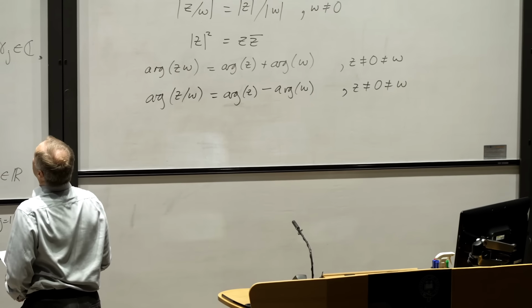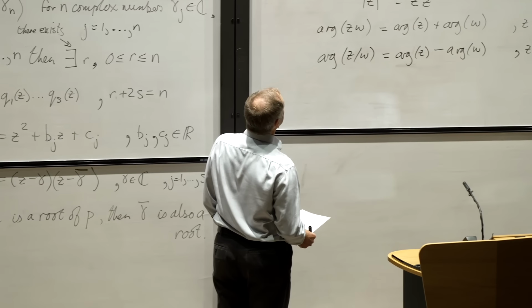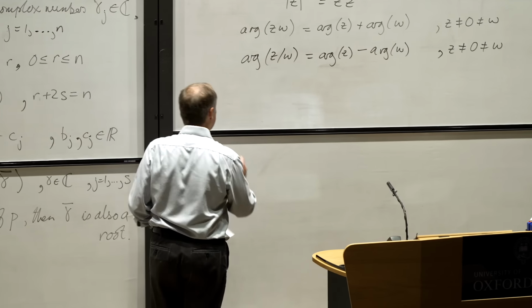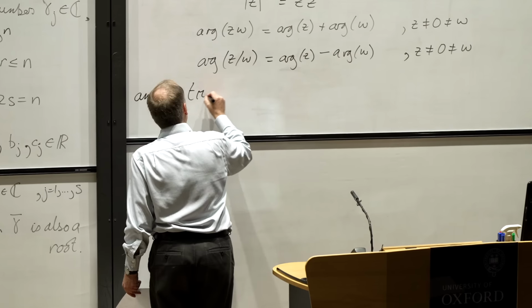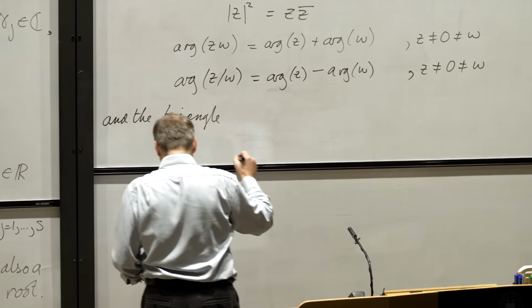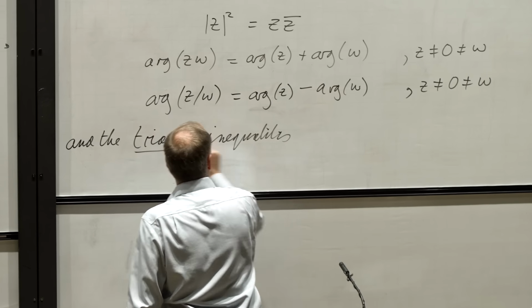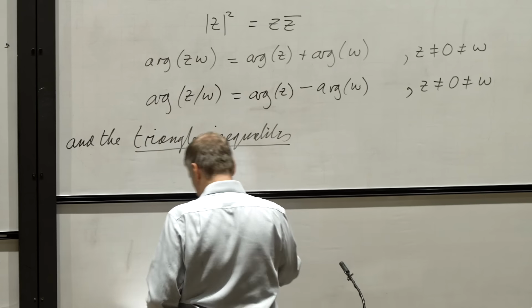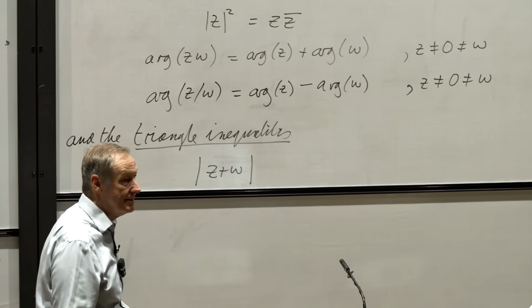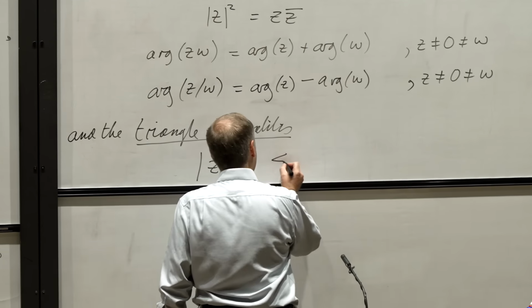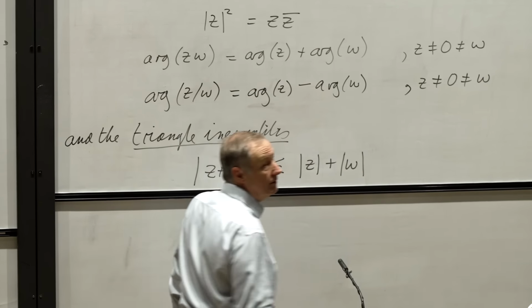Okay, so that tells you some things, but you notice I didn't tell you anything about the modulus or argument of z plus w. And here we have to go into inequalities. And this is called the triangle inequality. The triangle inequality tells you that if you have z plus w and you take its modulus, then this is no bigger than the modulus of z plus the modulus of w.